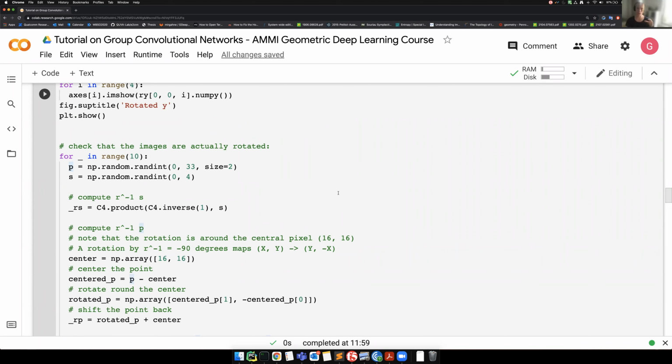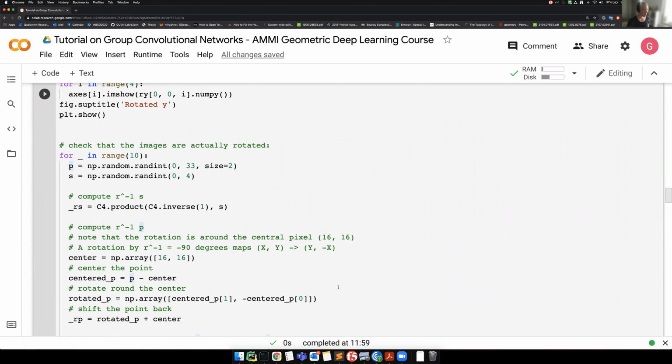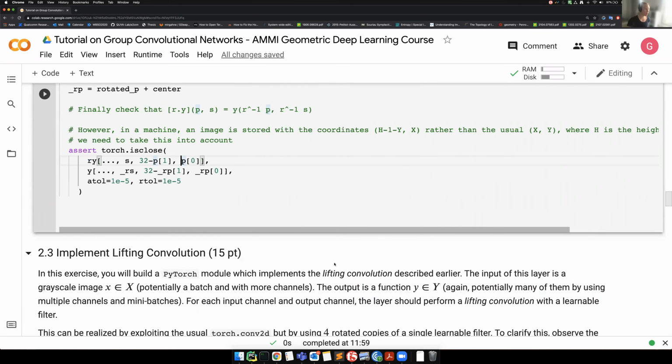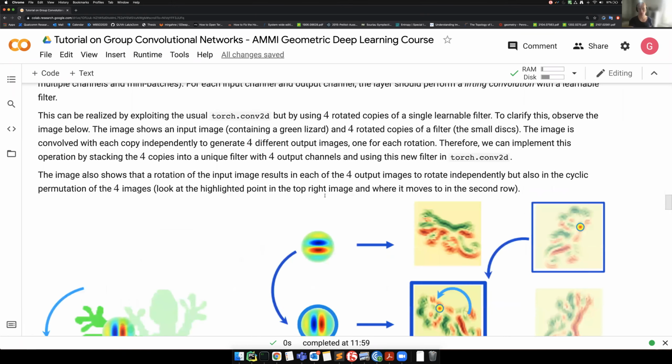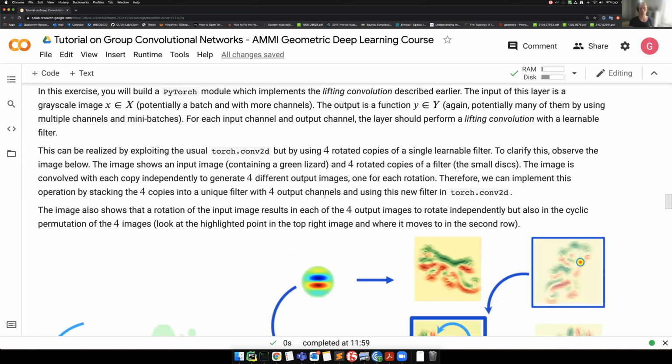Again, remember, the lifting convolution is taking an image, applying a filter in every possible translation and rotation to output not anymore an image, but 4 images, right? So for an image with 4 channels, we want you to implement it in a PyTorch module. As we did earlier with the isotropic convolution, we're going to have a number of input channels and a number of output channels.